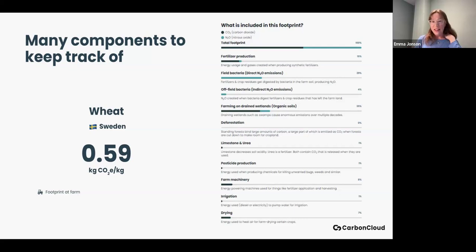So there are, in this figure, the fertilizer production, mechanisms that cause emissions of nitrous oxide, also the farming on drained wetlands that I talked about before, and then the production of other input to the farming, and machinery and drying. Those are the most important parts.